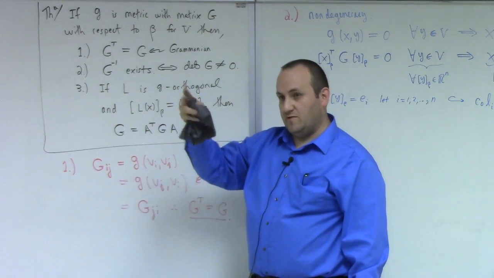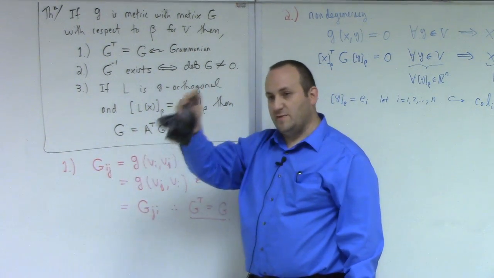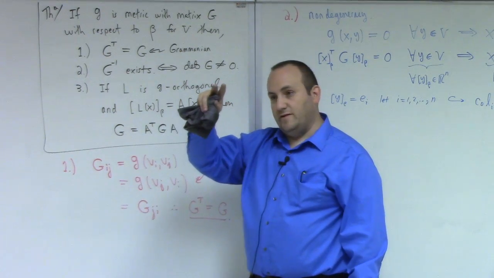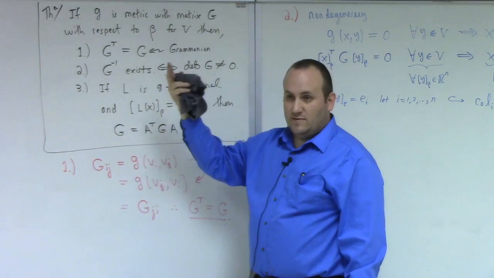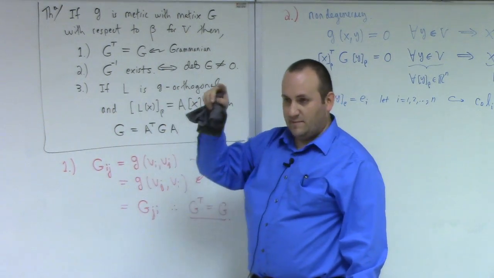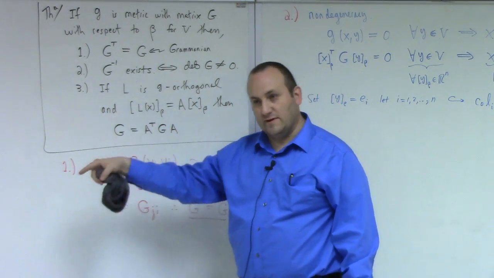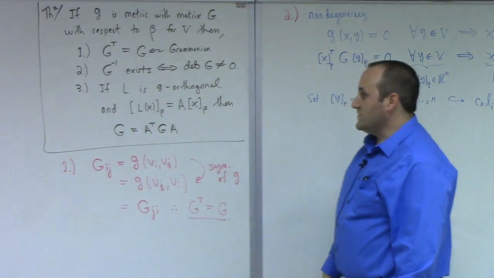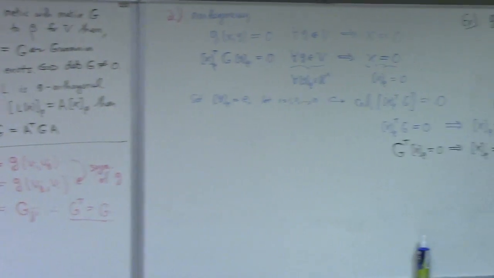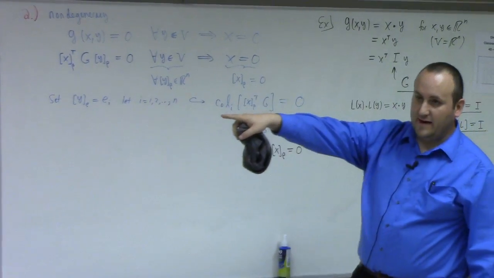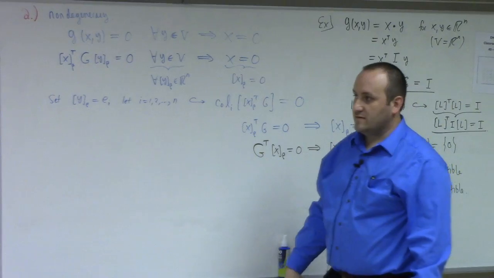And so you can force all of the diagonal entries to become plus or minus 1. And you don't have any zero eigenvalues because it's non-degenerate. And so you can basically massage the formula so that it's like minus 1, minus 1, minus 1, 1, 1, 1, 1. And this result is known as Sylvester's theorem, Sylvester's law of inertia. So basically, Sylvester's law of inertia says that it's either something like this or it's something like that up to a change of coordinates, and that's what we're studying here.